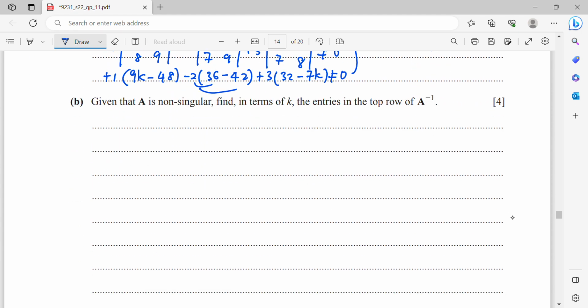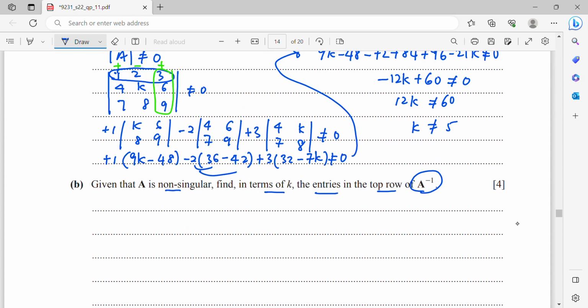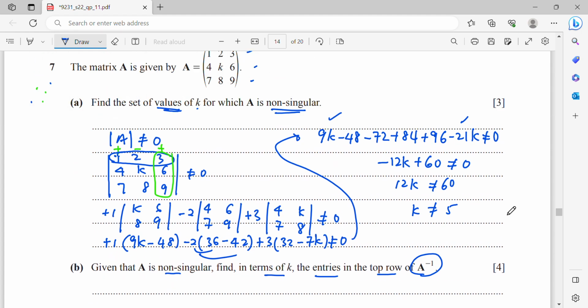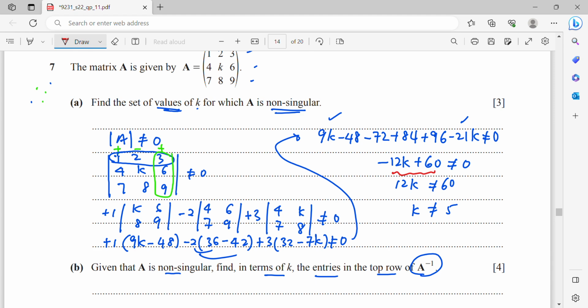Now, given that A is non-singular, find in terms of k the entries in the top row of A inverse. Because A is non-singular, the inverse matrix exists. So from here we know that this is the determinant of A, because I started with the determinant of A not equal to 0.